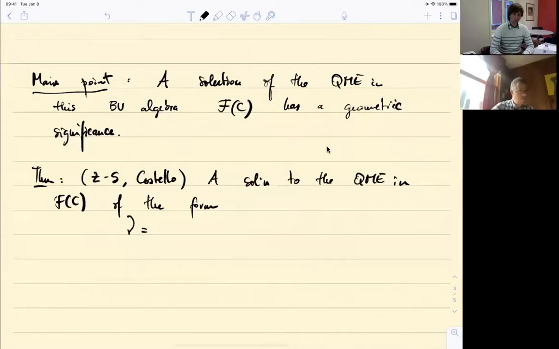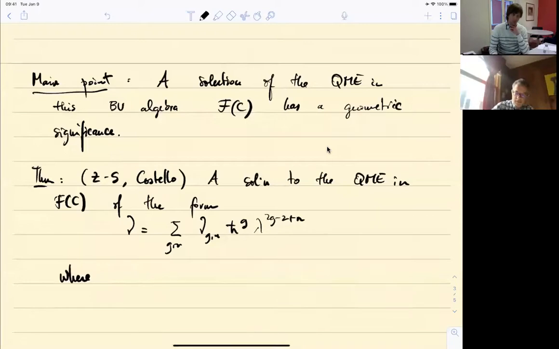v equals, I'm going to use this script v, summation over g and n of vgn h bar to the g lambda to the 2g minus 2 plus n, can be found of the form this, where the VGNs have a geometric significance.